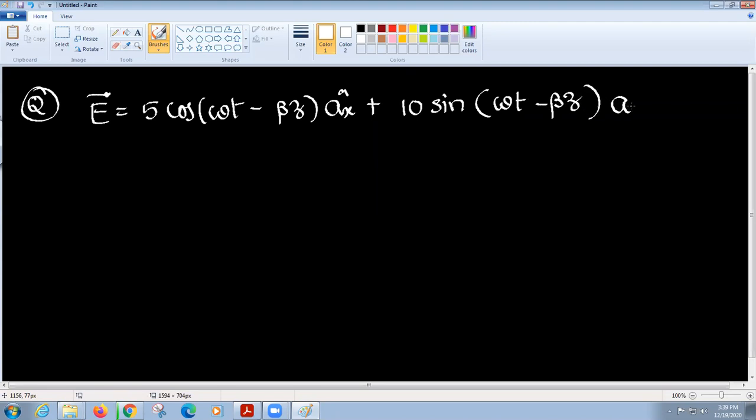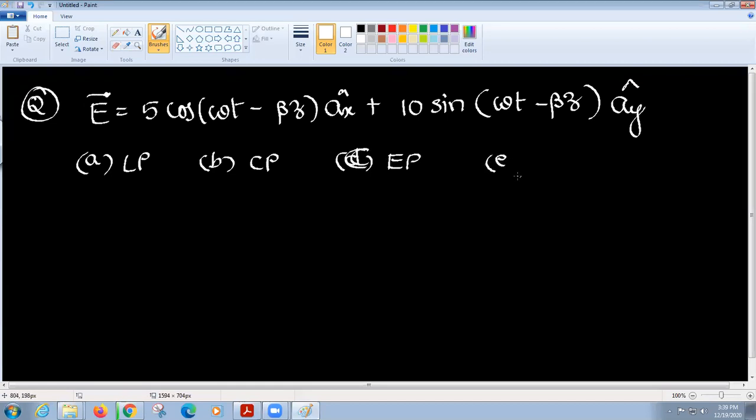Let me give you options: A, linear polarization, B, circular polarization, C, elliptical polarization, and let me take D, unpolarized.